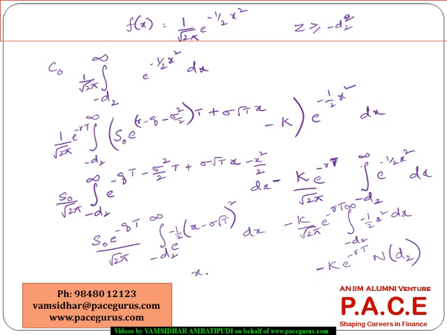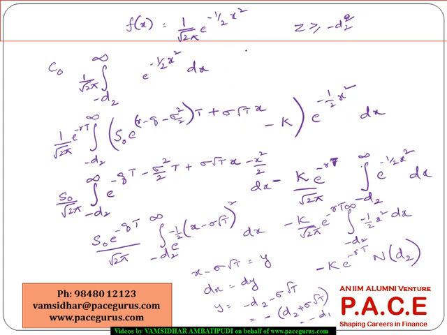Whereas what about this one? Now x minus sigma root t, I'll take as y, so dx will become dy. On the other side, y will take values from minus d2 minus sigma root t, which becomes minus of d2 plus sigma root t, which is minus d1.